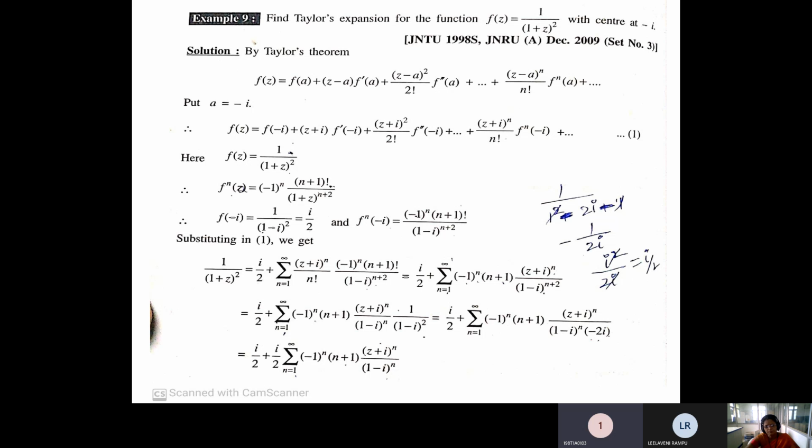Mute your mobiles. Now the a value is minus i. Mute your mobiles. Madam, voice is cutting.